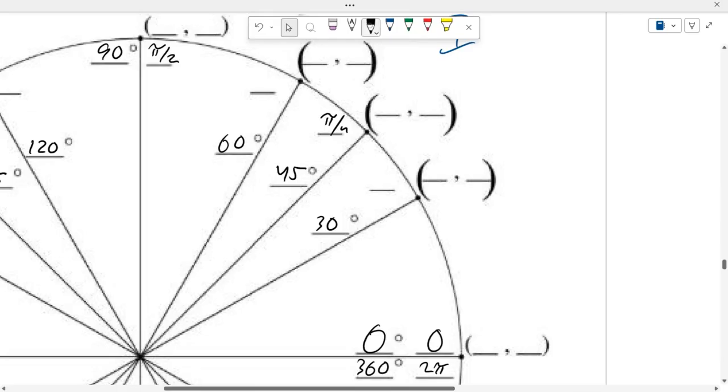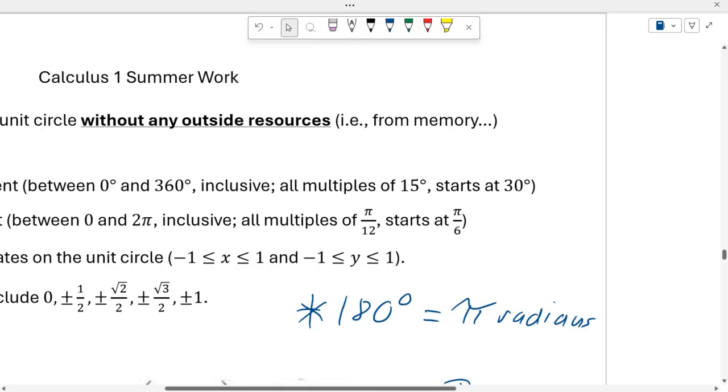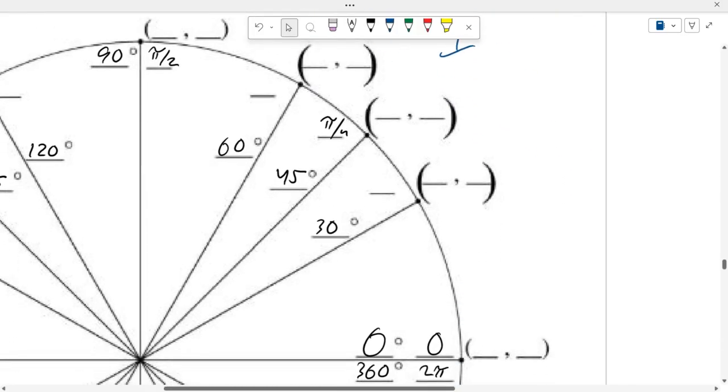Now, going back to the first quadrant, we're looking for the radian measure at 30 degrees. Don't forget, the hint gave you a hint. The hint starts after 0 radians, and the first one is pi over 6. You can convert 30 degrees into radians, or you can just remember that the first one is pi over 6.